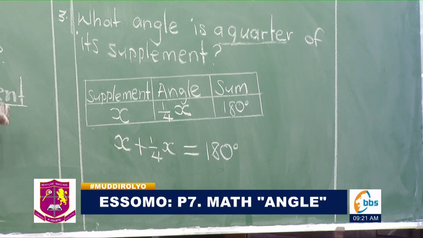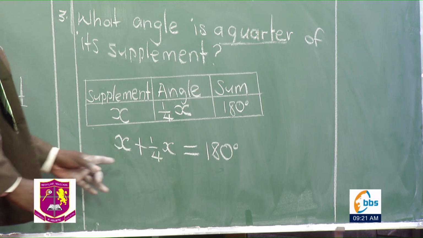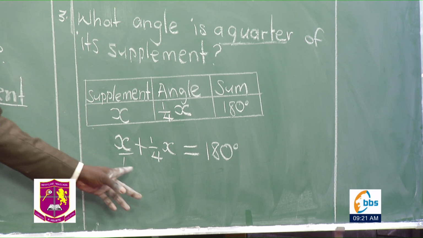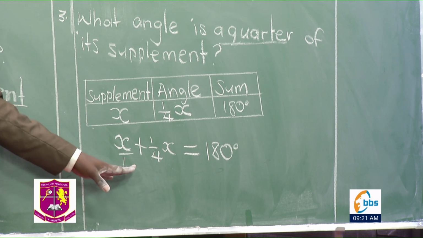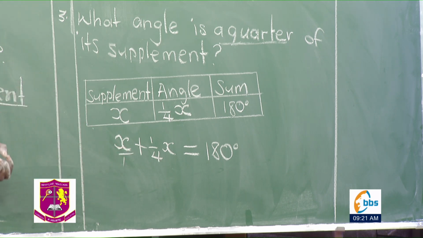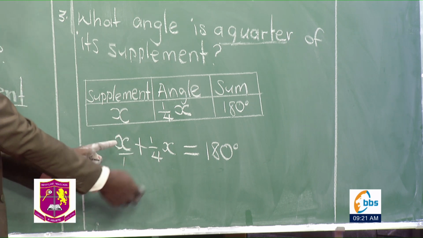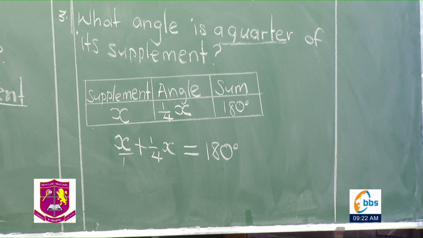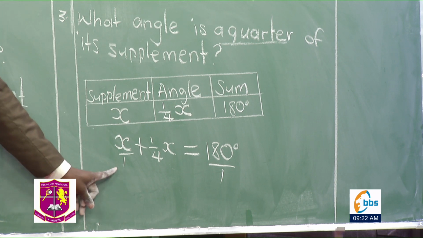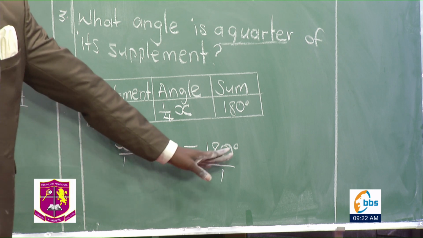So there are various ways of working it out, but the easiest, I think, could be getting the LCD, the lowest common denominator of these fractions, whereby we shall need to now have x out of 1 plus a quarter x is equal to 180 degrees.